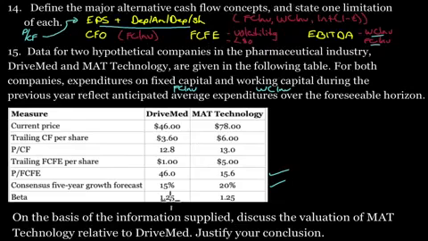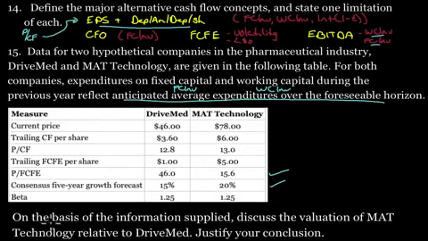And they both have identical betas, identical risk. So MAT has a higher G. It has a lower price per free cash flow to equity, even though they're comparable on price to cash flow. We were being told here that these expenditures that we experienced over the last year are expected to continue over the foreseeable horizon. You have to include that into the price to cash flow, because that's the cash flow available to shareholders, right?